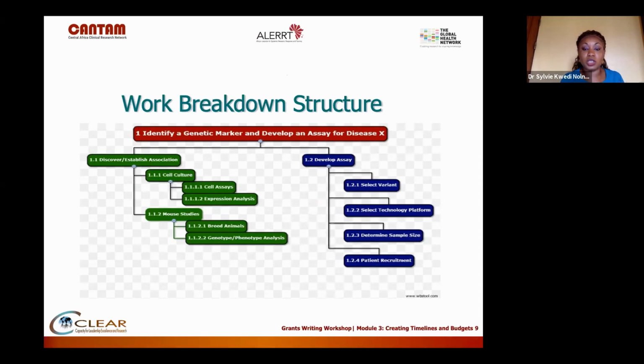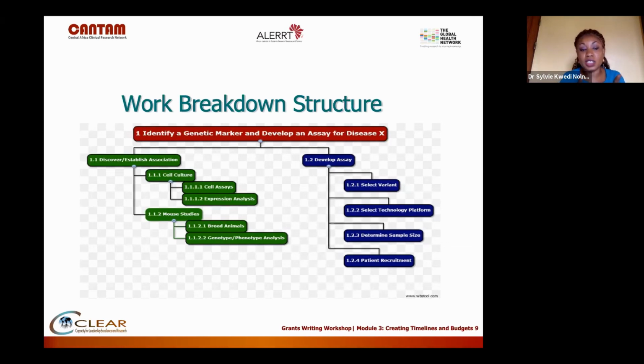That's actually the project. So now this particular aim or general aim is broken down into a discovery phase and then an assay development phase. The discovery phase is broken down even further. You have the cell culture and then mouse studies. Within the cell culture, that's broken down even further.